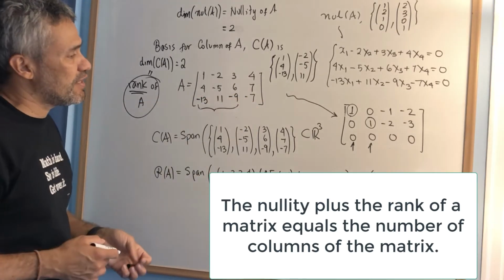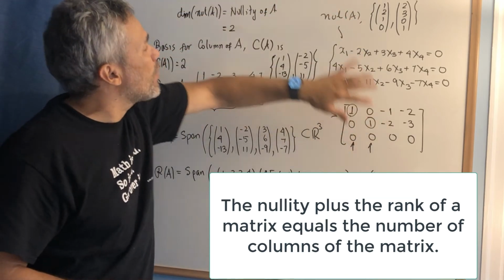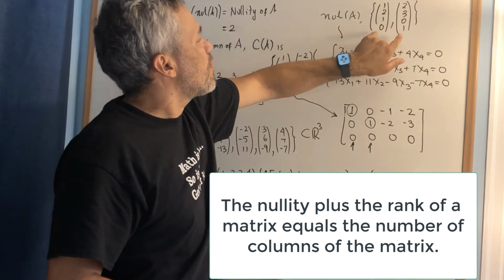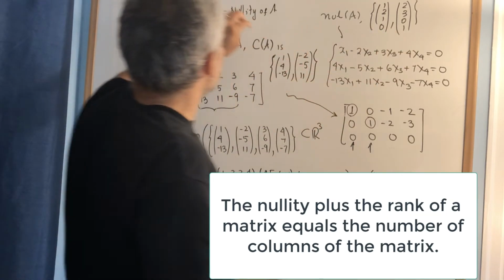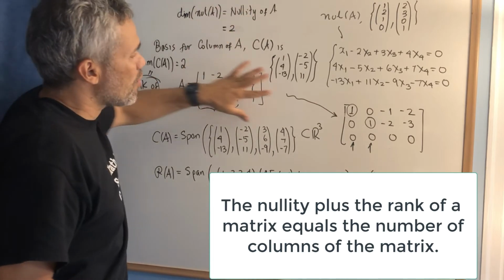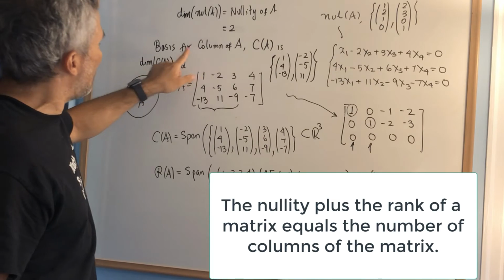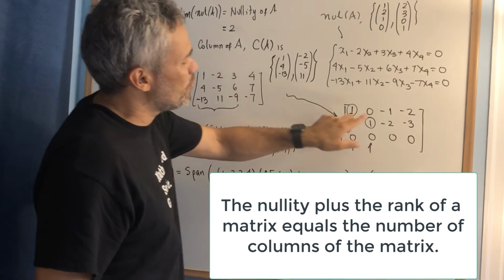That theorem is very easy to prove because essentially when you solve the system, we notice that we get these two vectors that are bases. There are as many of these vectors as free variables. That means that the nullity of A when you do row reduction is the number of free variables. On the other hand, for a basis for the column of A, we need to pick those vectors that go with the pivots.